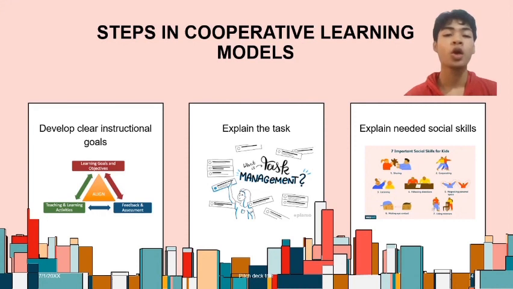Cooperative, listening, following directions, respecting personal space, making eye contact, and lastly, using manners. All of those are very important when it comes to socializing and also in cooperative learning. Those are the skills that we use when we do collaborative work or groupings.